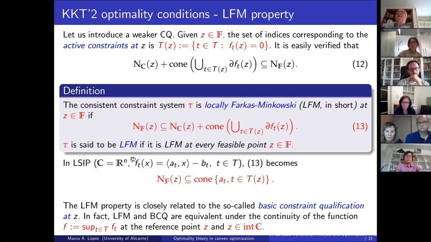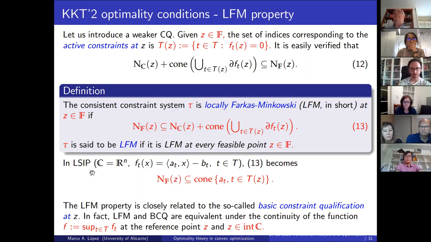We say that the system is locally Farkas-Minkowski if it is locally Farkas-Minkowski at any feasible point. But observe that this property is local, established for a feasible point, meanwhile Farkas-Minkowski is for the whole system. So it's a weaker condition, as you will see in a while.